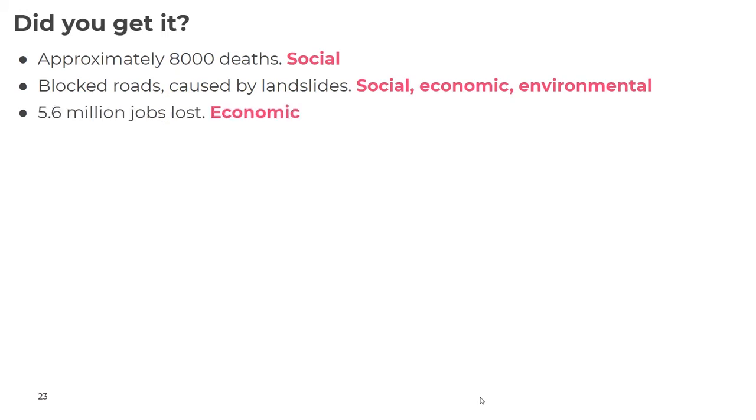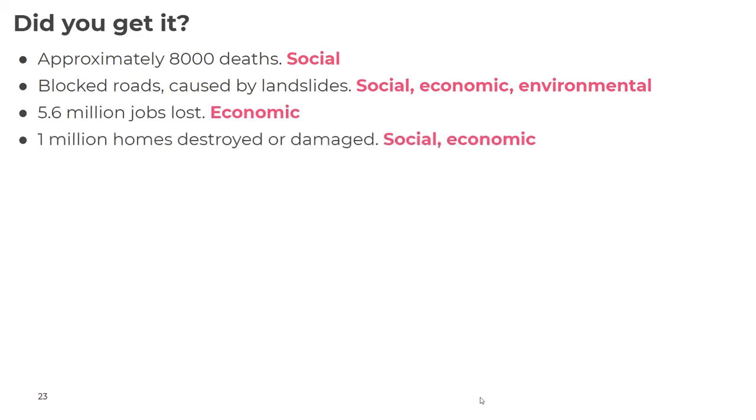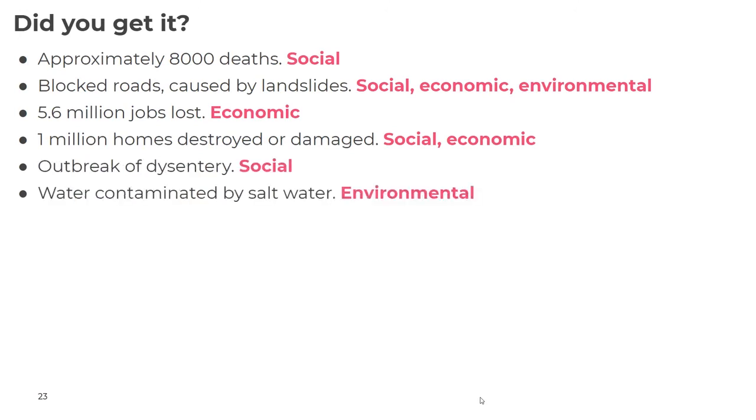5.6 million jobs lost, economic. 1 million homes destroyed or damaged is social and economic. Outbreak of dysentery, social, because it makes people unwell. Water contaminated by seawater, environmental.